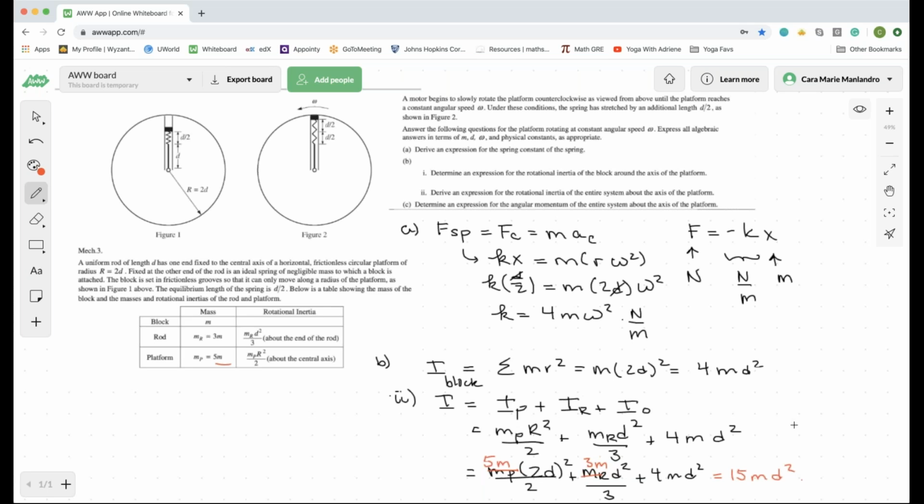But again, on this year's and in any AP exam, you can just leave them unsimplified, okay? Does anybody have any questions on that? Okay, so I'm going to just write these up here.